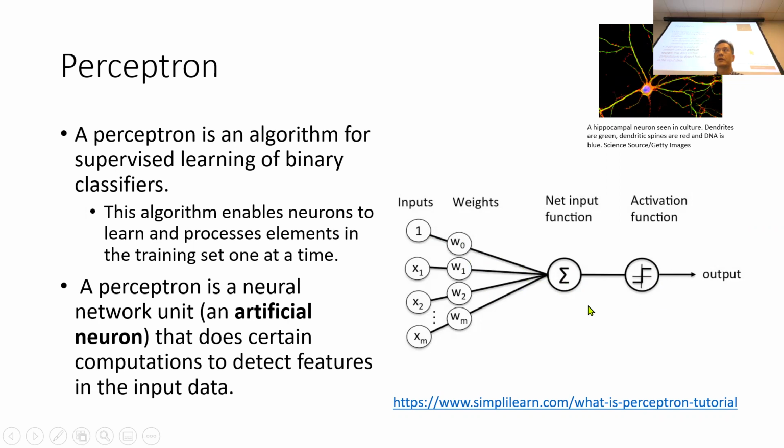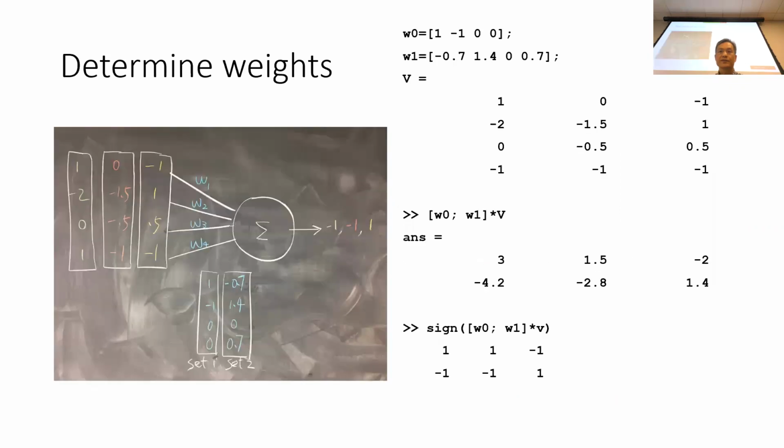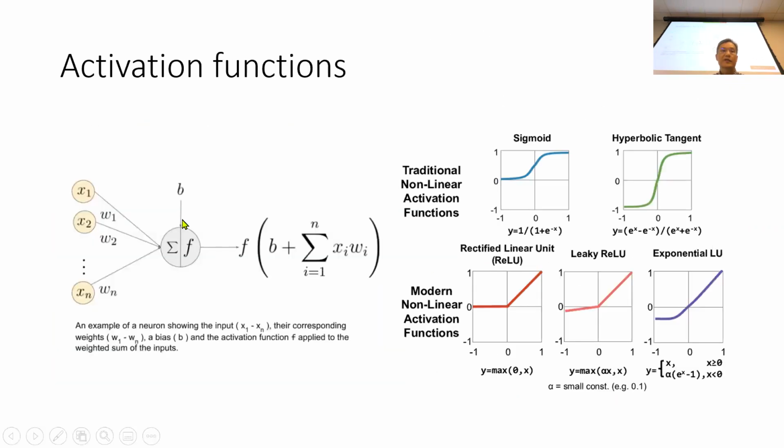That's the same. So that's the structure of the neuron. You can have different activation function selections, and you can use the logistic or hyperbolic ones. Those are the commonly used ones.